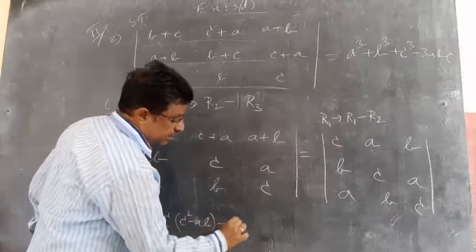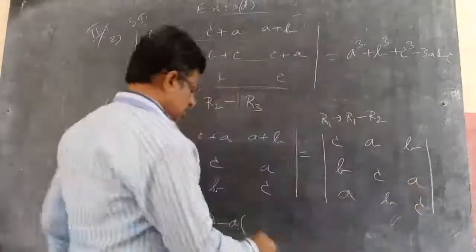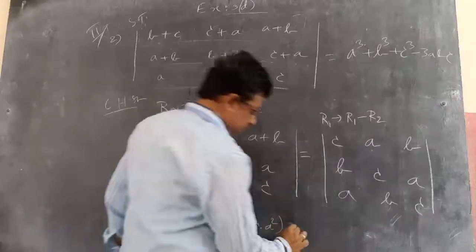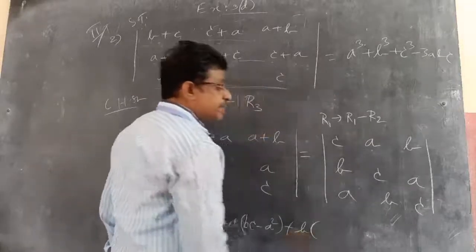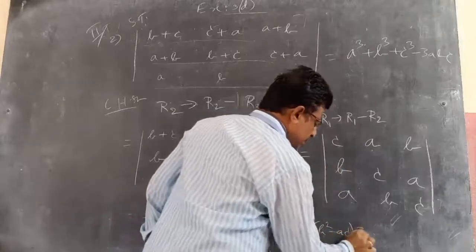Plus minus means minus A into BC minus A square. Plus B into B square minus AC.